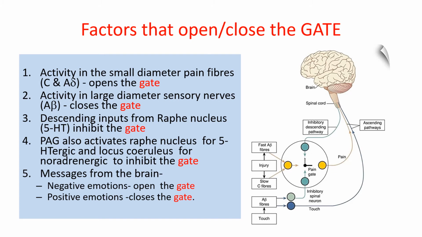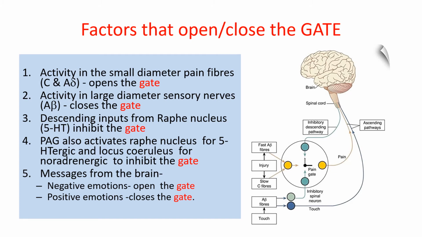A beta fiber stimulation closes the gate. There are descending inputs from the raphe nucleus, that is serotonergic fibers, they close the gate. Similarly, the information coming from the periaqueductal gray comes through the raphe nucleus as well as another nucleus, the locus ceruleus, that means it secretes both 5-HT and norepinephrine.